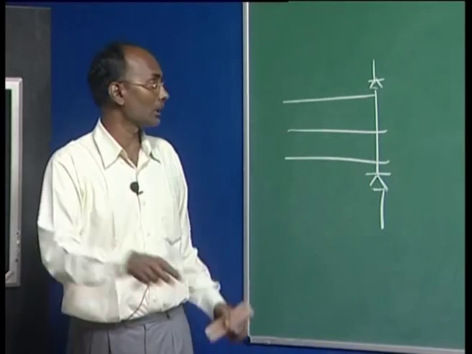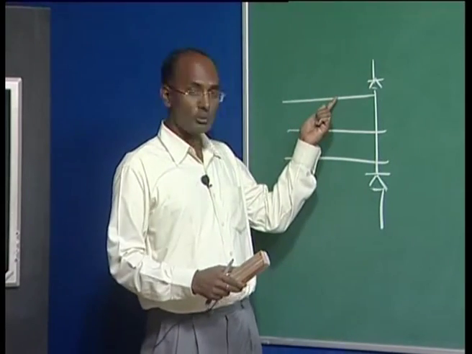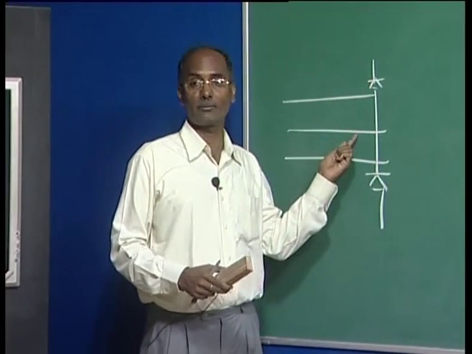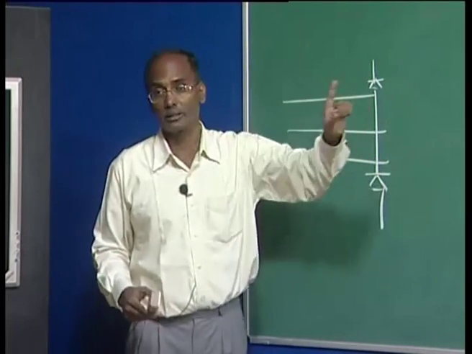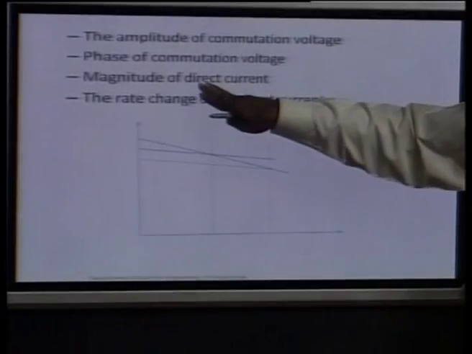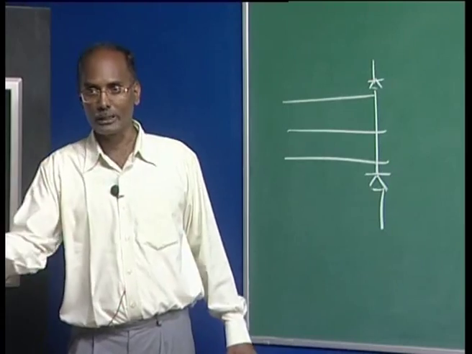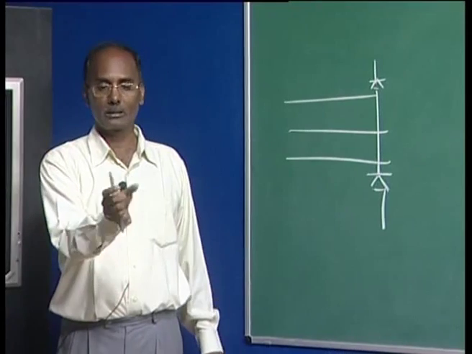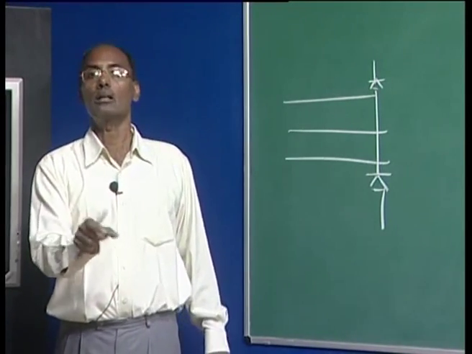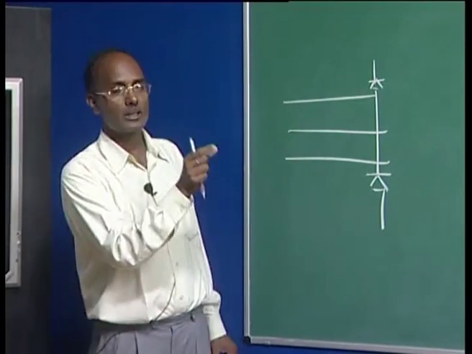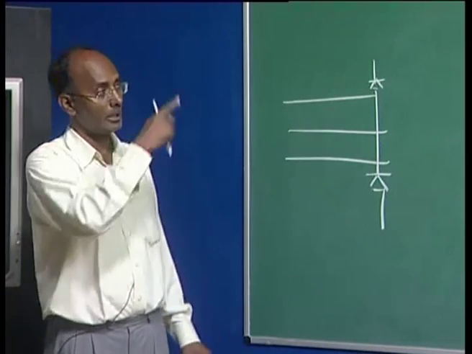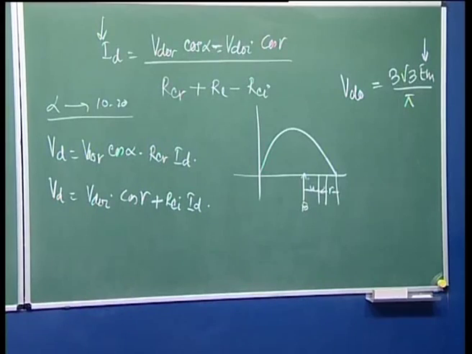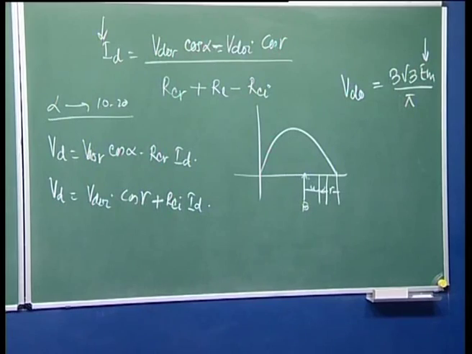For example, here one phase you are taking, you have to take other phases' voltage as well to take care of the calculation of this. You should also take the direct current magnitude, which is going to change. It is not a fixed value, you have to measure it. And also sometimes you have to see the rate of change, how fast it is, then that correction is needed. So we'll see this correction, the change in ID, is also taken care of in deciding what will be the angle, that is the alpha or gamma controller.